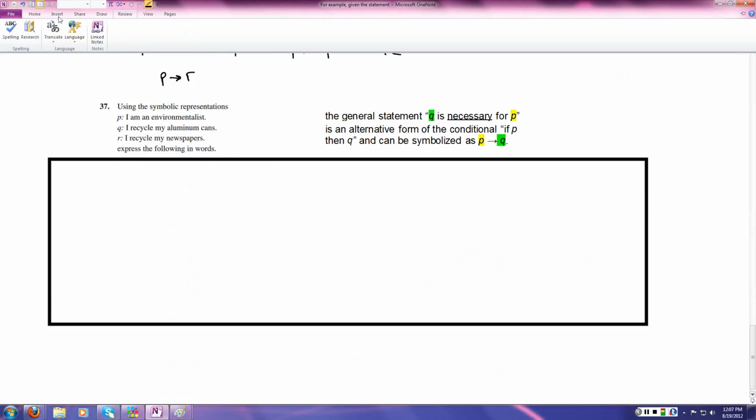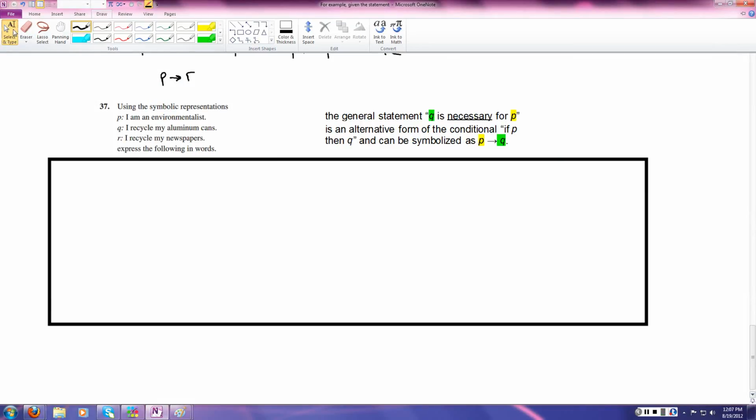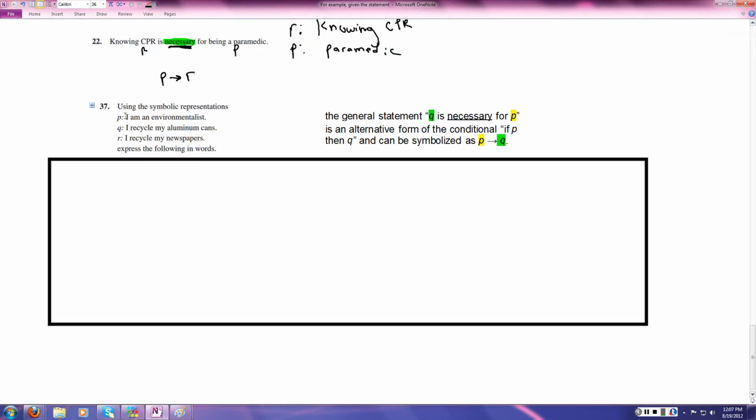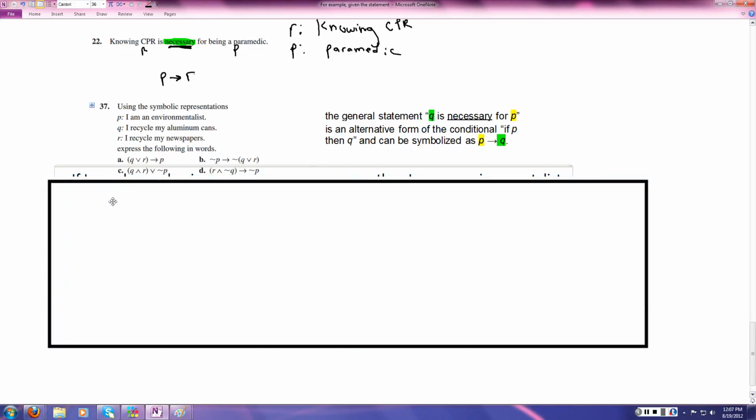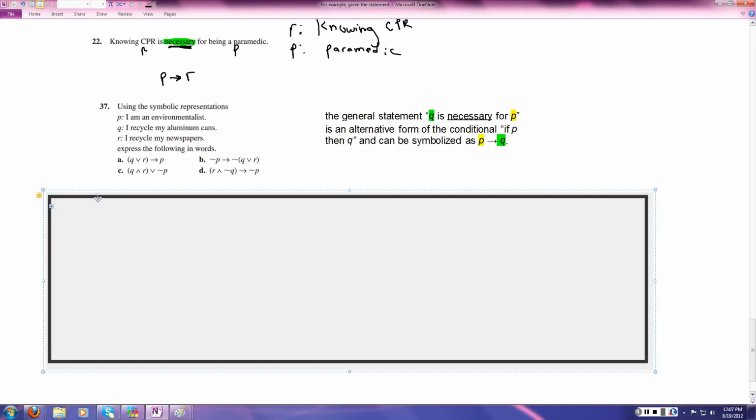The last thing we're going to do is express the following in words. So I'm going to move my answers down. Let's look at A. Q would be I recycle aluminum cans. R would be I recycle newspapers.